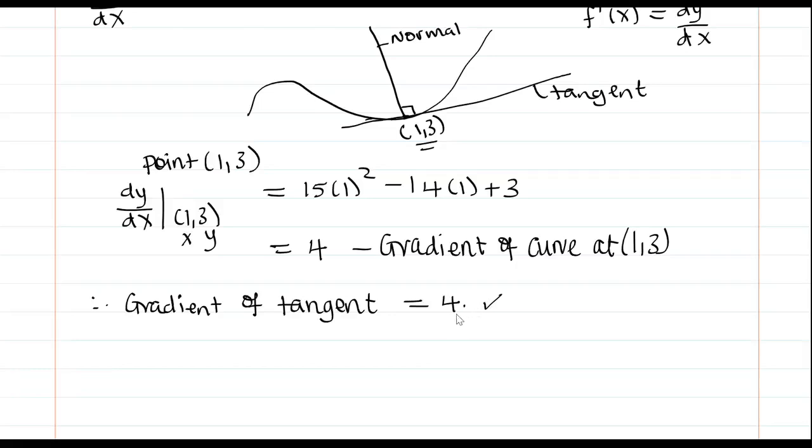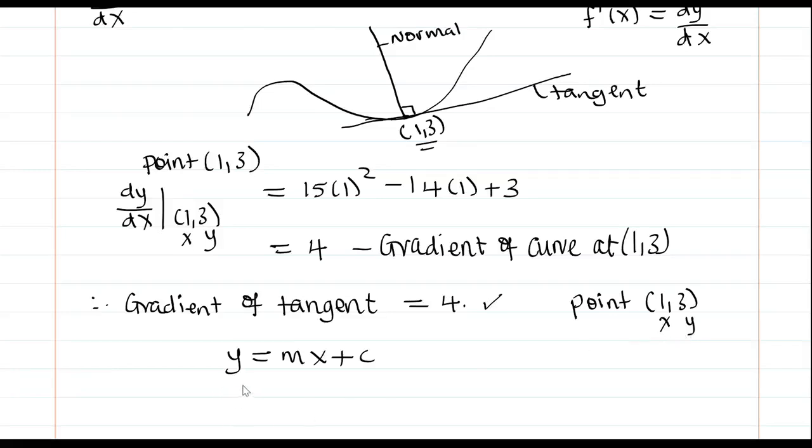So this is the gradient of the tangent, and the tangent passes through this point of tangency (1, 3). So we can find the equation of that tangent using the equation of a straight line, y equals mx plus c. So this is our x, and this is our y.